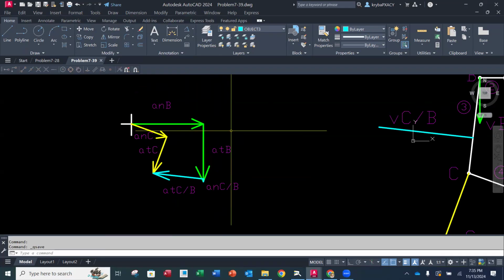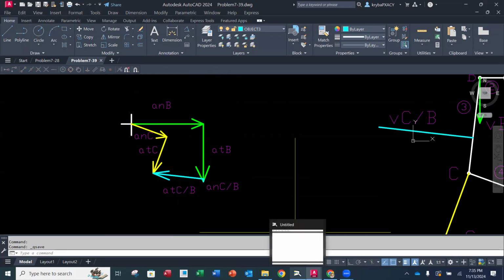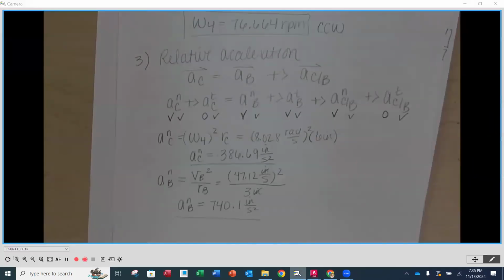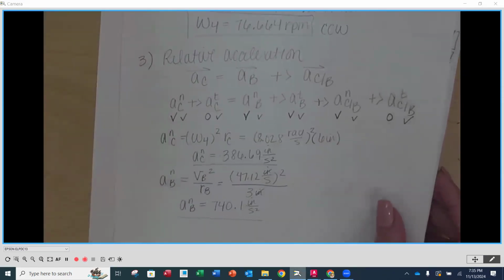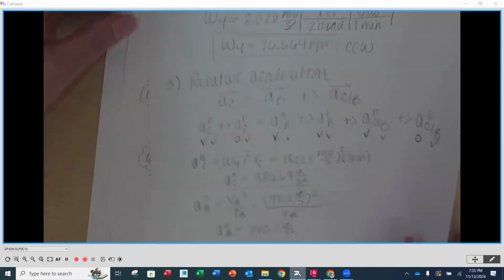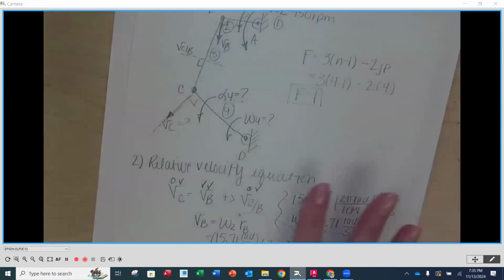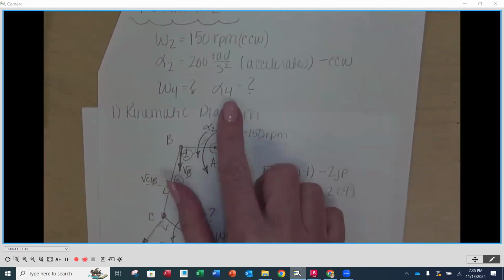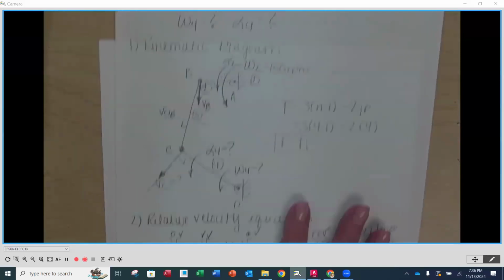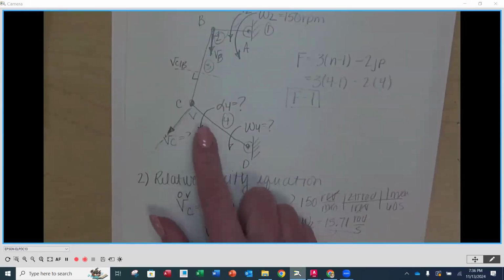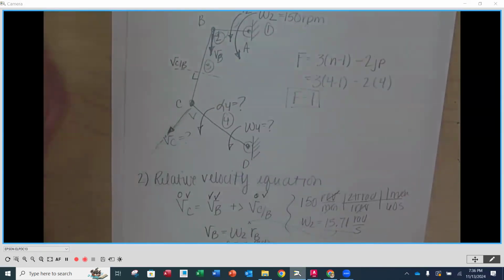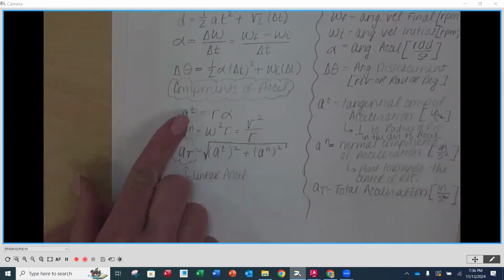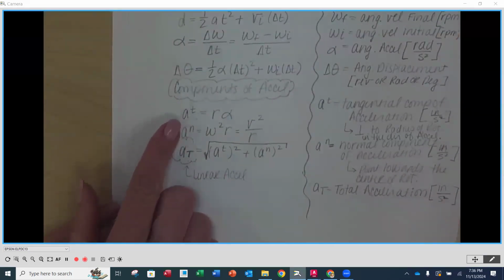Now, if we look back at our problem statement, so I have these identified, but I want to know which ones I need to measure. So our original problem needs us to find the angular velocity of link number 4, right? Link number 4. So that means it's the angular velocity of this link right here. So if we look at, we have now our tangential and our normal.